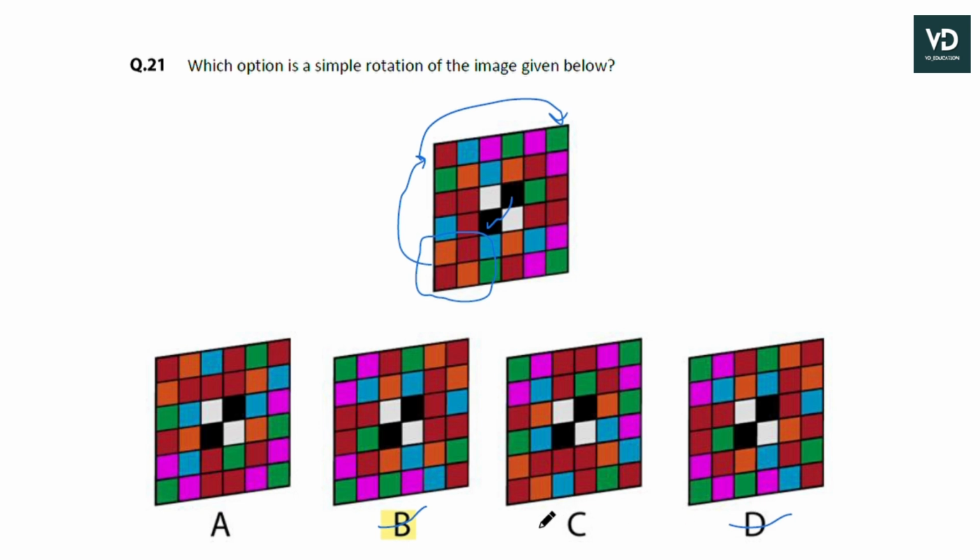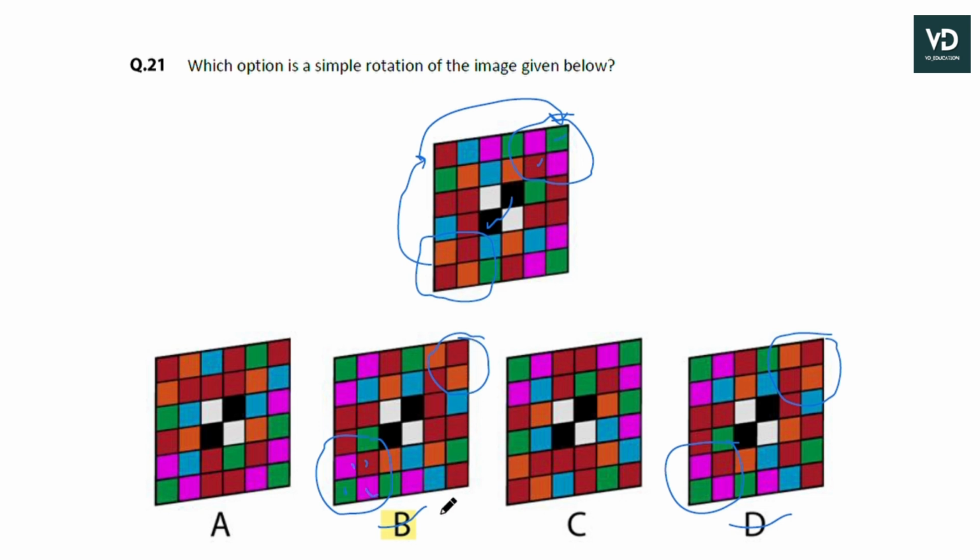But next, what will be the common part? So here we can see these 2 pairs of pink and 1 pair of red and green. Here we can see 1 pair of red and green and 1 pair of pink. And same here, we can see 1 pair of red and green and 1 pair of pink, and this will be the common part. Then what is the common part?